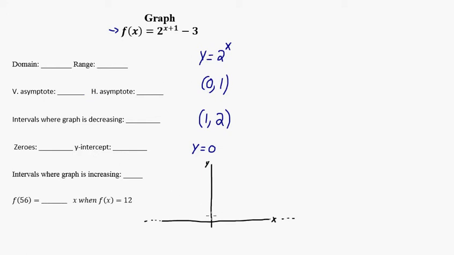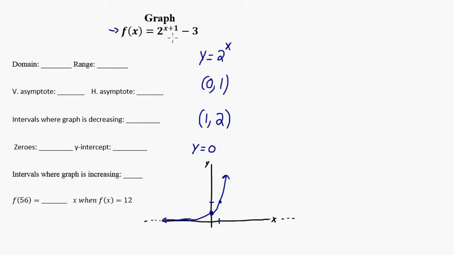So in blue here, 0, 1 would be about right here, and it goes to the point 1, 2, which would be about right here, and it has the horizontal asymptote. So as it goes to the right, it grows exponentially, and as it goes to the left, it gets closer and closer to 0 without actually touching 0. So this is just the graph really, really close, hugging the x-axis. And this is the graph of the parent equation.